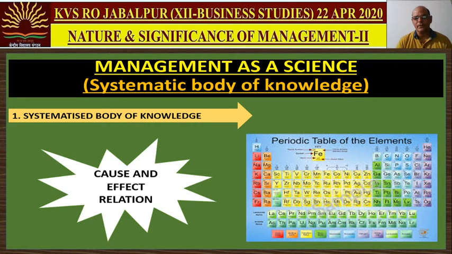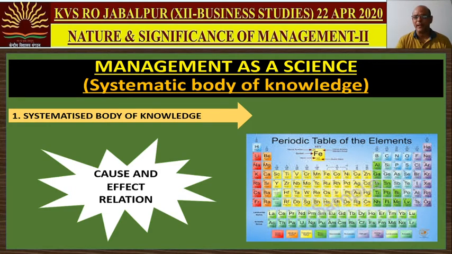Management principles are also based on observation and experimentation. In science it happens, Newton first observed that the apple is falling on his head. It was observation, but he simply did not propound the principle of gravity just by observing it. Then he did some kind of experimentations, and when he found the common outcome in every situation, then he propounded the principle of gravity.